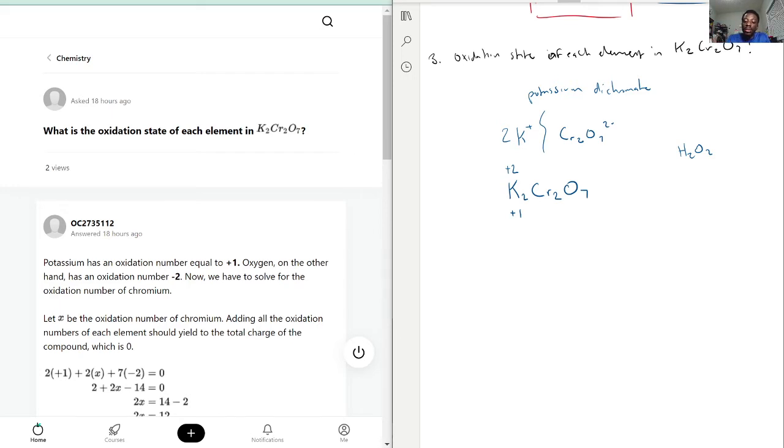And you notice potassium dichromate has a net of 0, so you want to make sure all your numbers at the top add up eventually to 0, okay? But yes, oxygen, -2. It really loves to just take 2 electrons from its environment.